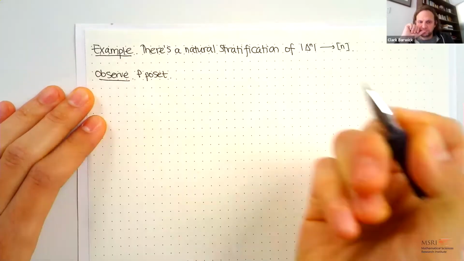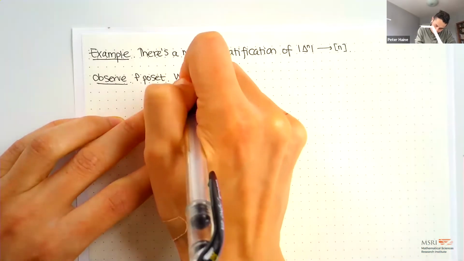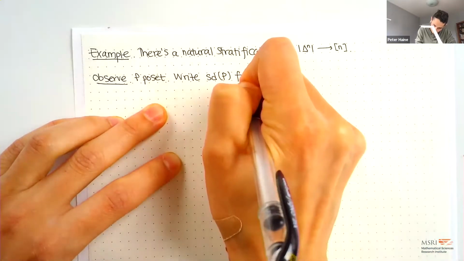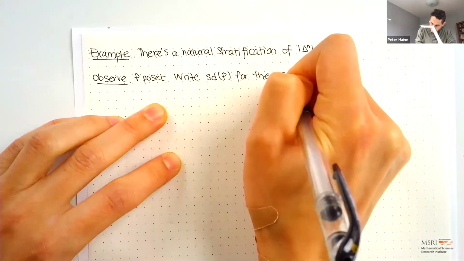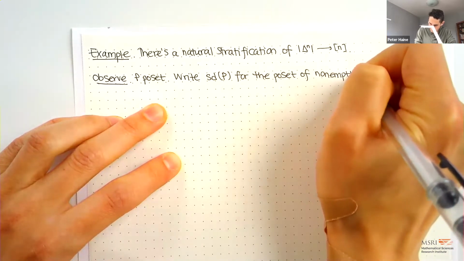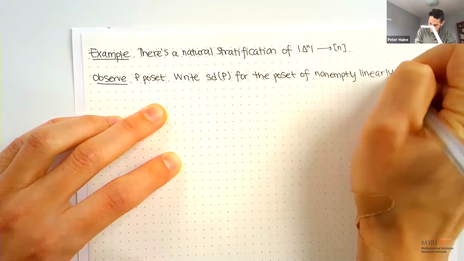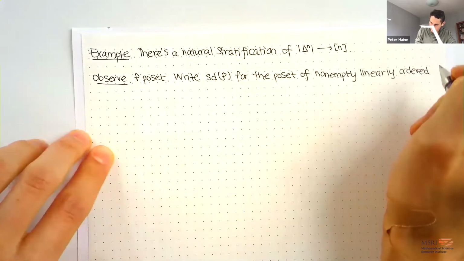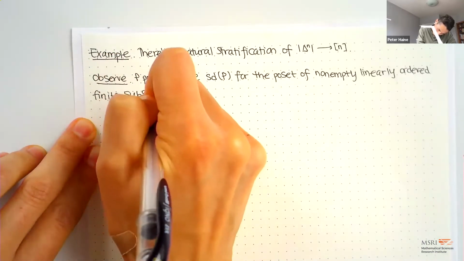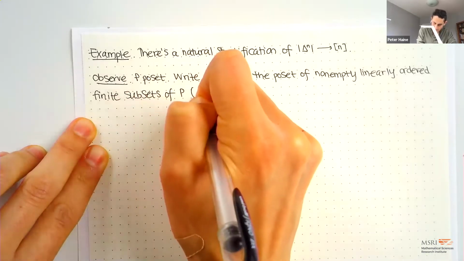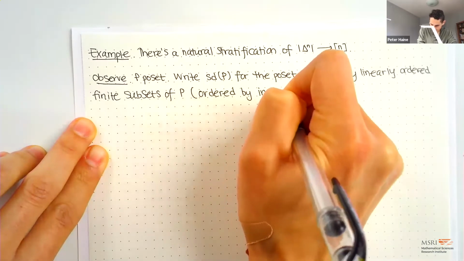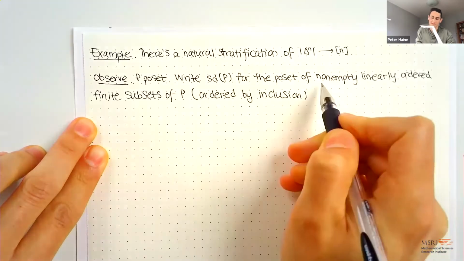Write SdP for the subdivision of P. That's the poset of non-empty, linearly ordered, finite subsets of P, ordered by inclusion.